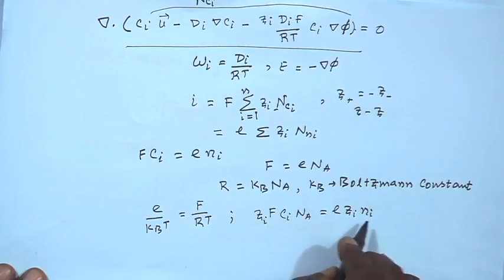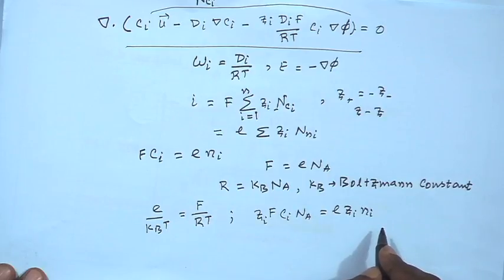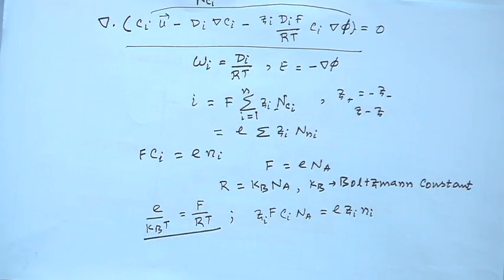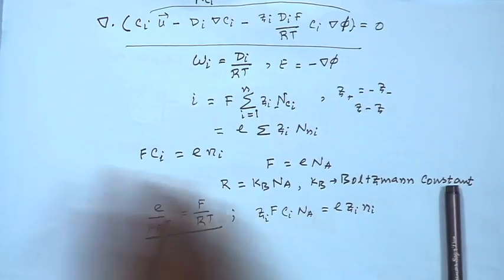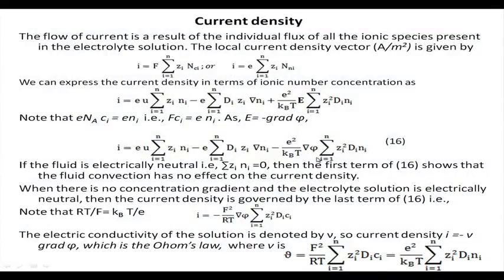In this way we get an expression: E by k_B T equals F by R T. That is what has been written over here.